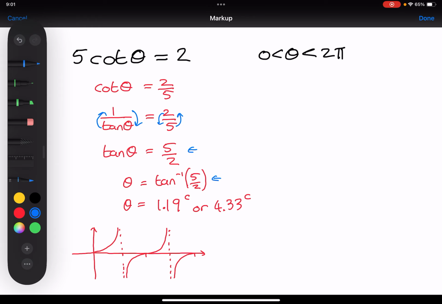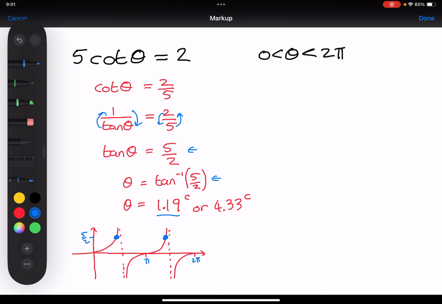Again, make sure your calculator is in radians mode, and the calculator's given me the answer that's closest to 0, which is 1.19. So on the y-axis I've got 5 over 2 here. The calculator's given me this answer here. We also need this answer over here, between 0 and 2 pi.